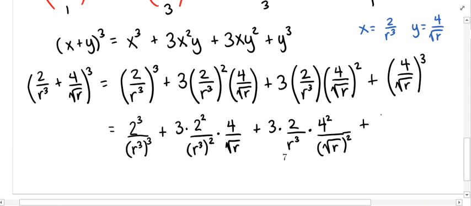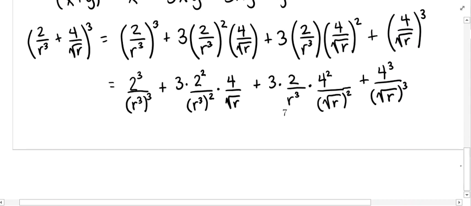And then the last term is going to be 4 cubed over the square root of r cubed. All right, so now all the fractions have been raised to the powers. We've just got to clean this up.